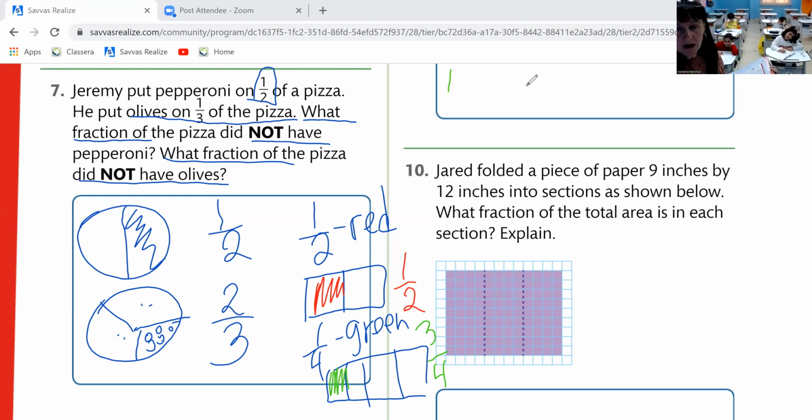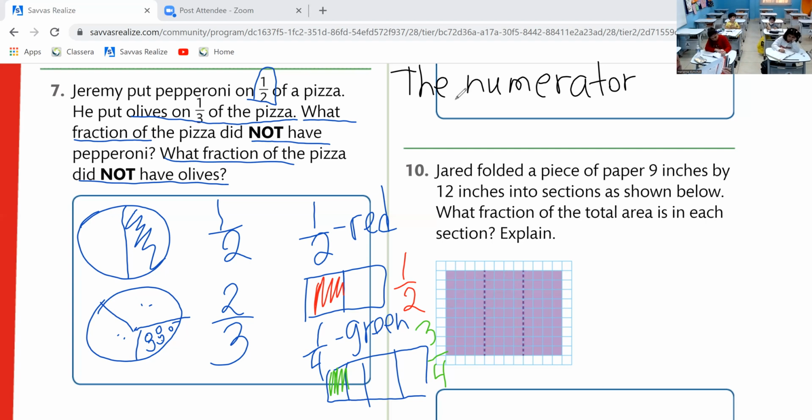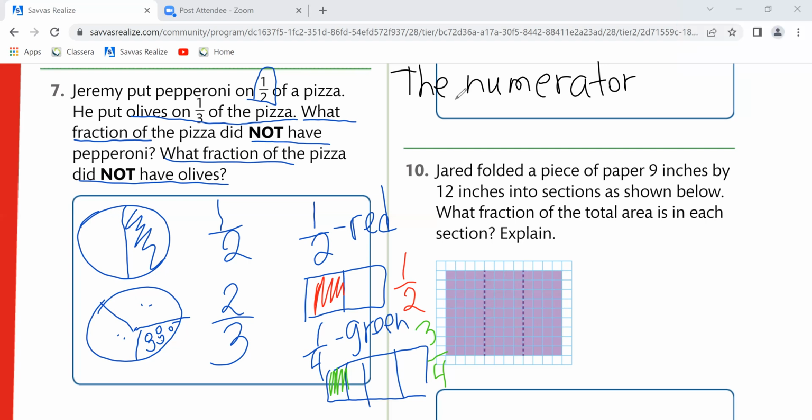Okay, so here I need to write. Number 9. You need to write that the numerator and denominator are the same.